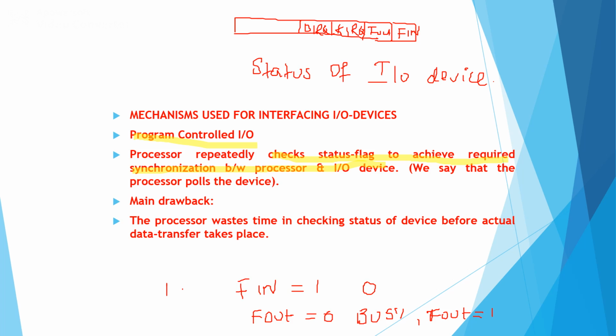These are the registers used in the display and keyboard interfaces. These two additional flags, DIRQ and KIRQ, are used in order to enable an interrupt.